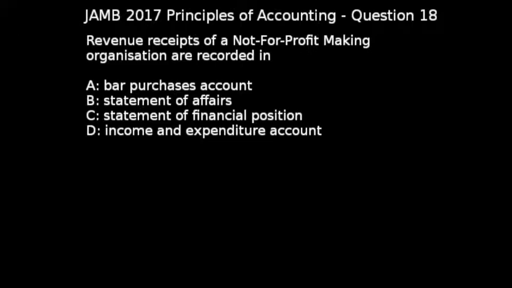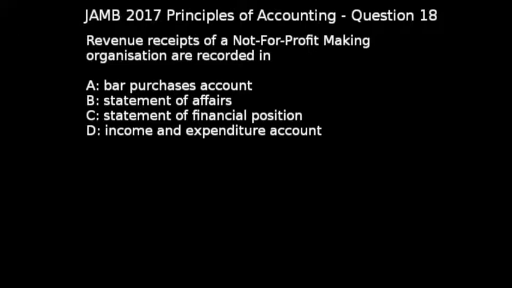The debit side has to do with all items or transactions that has to do with the giver, and the credit side has to do with all items or transactions that has to do with the receiver. So the accounting principle is applicable here.